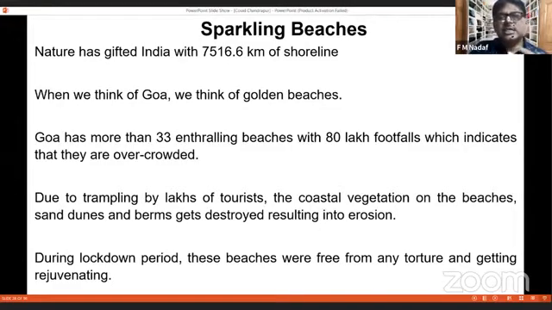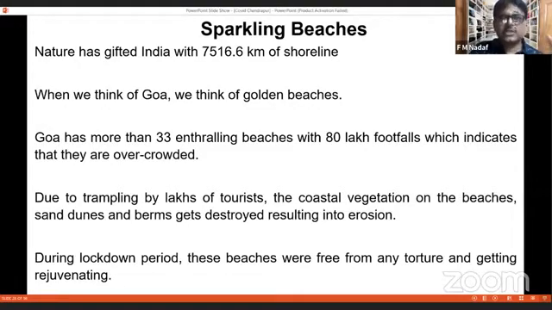Imagine the damage caused to the local ecology of the beaches. This was happening for so many years, from the day tourism started in Goa on a large scale, and we could not take any break so that the environment can rejuvenate.